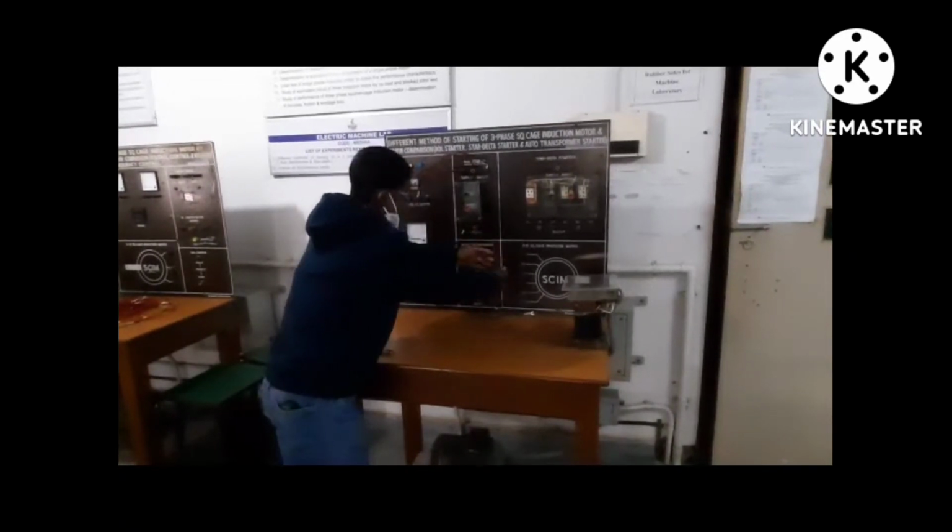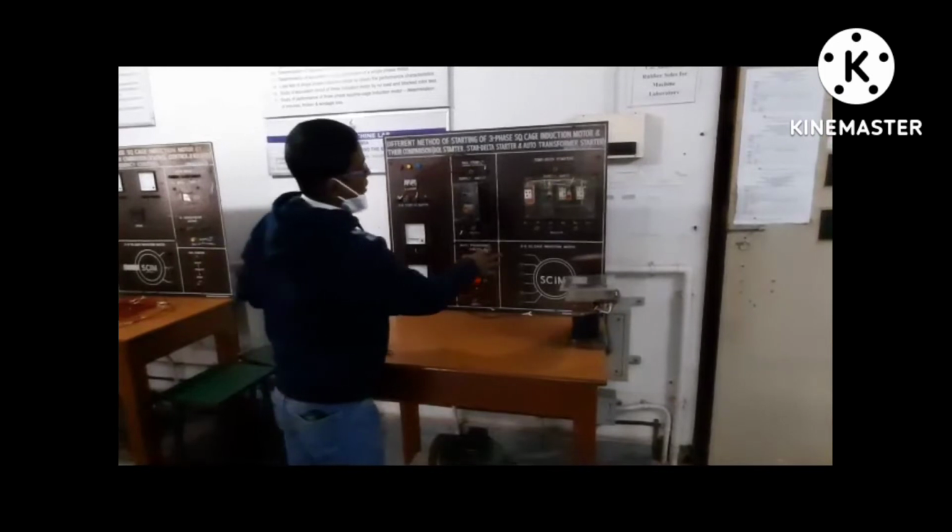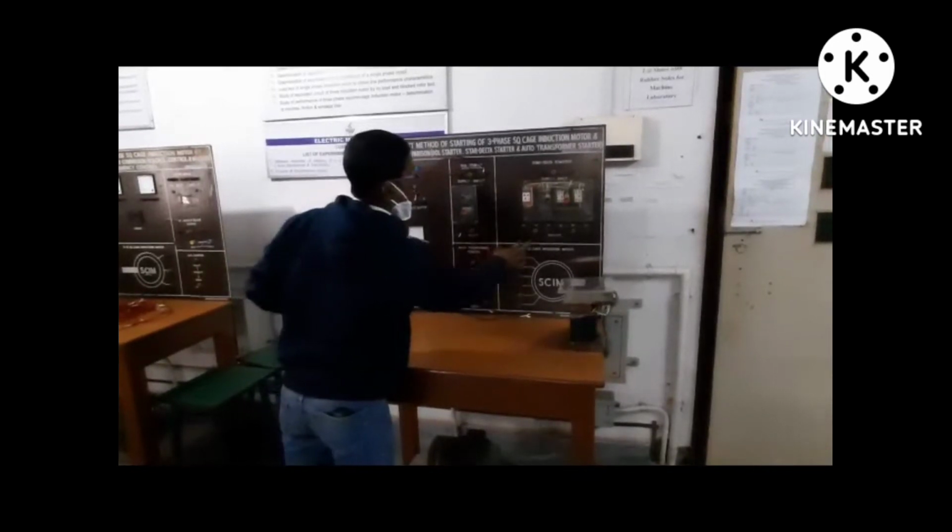First of all, I connect the 3-phase squirrel cage induction motor in star connection.